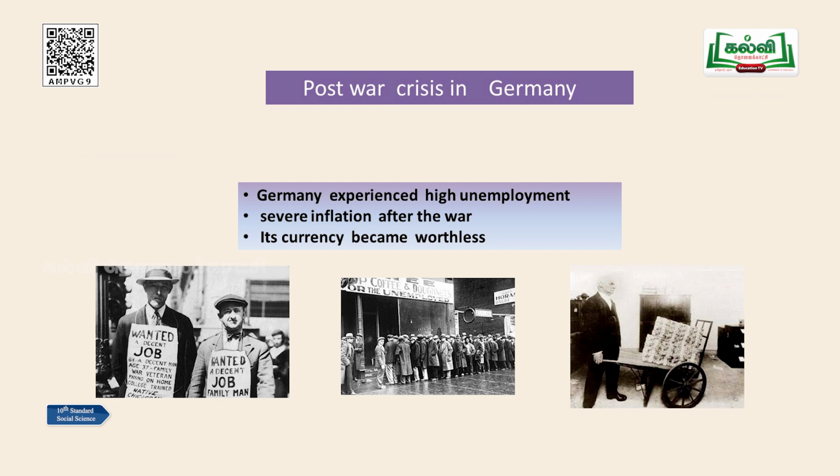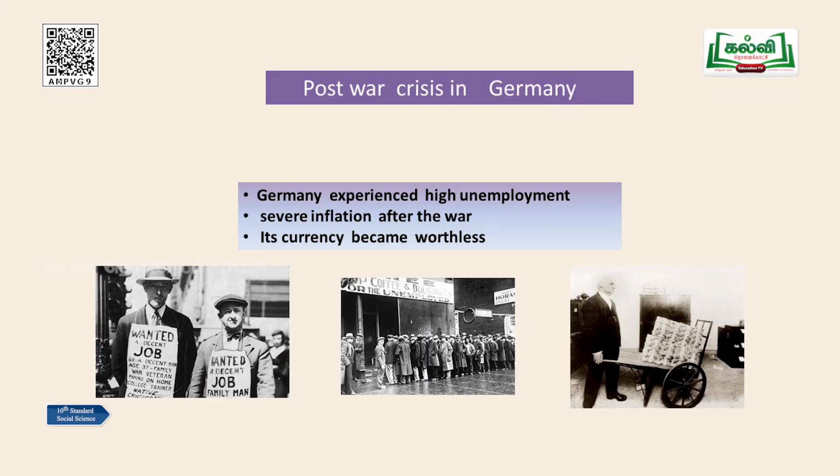The next problem was severe inflation after the war. Already we learned that Germany was expected to pay a huge amount as compensation. To solve these financial issues, they started to print more and more currency. If there is more circulation of money, automatically the prices will increase, so the value of money will decrease.